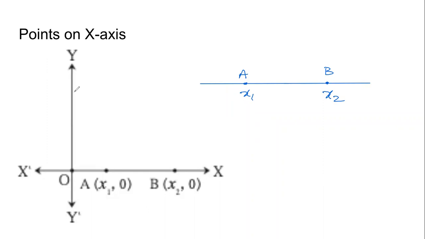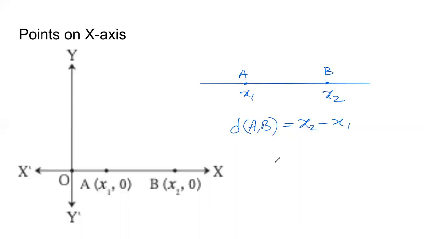x2. So if we have to find the distance between A and B, and we write it as D, A, B, then using our method from last year, we would do bigger coordinate minus smaller coordinate. Done. This is the distance.